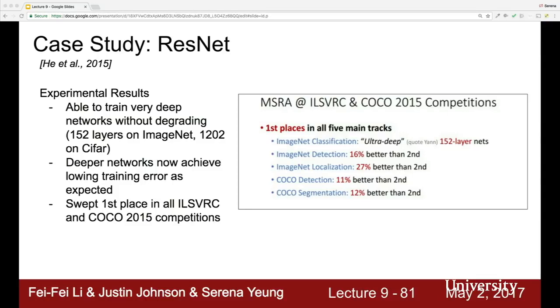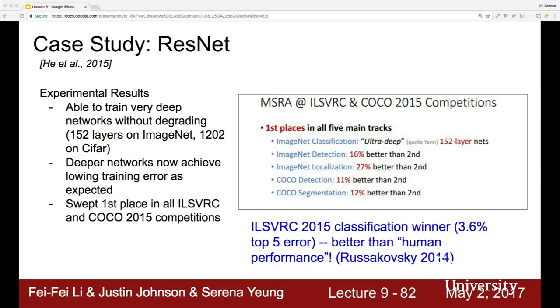And they also saw that now your deeper networks are able to achieve lower training error as expected. Right, so you didn't have the same strange plots that we saw earlier where the behavior was in the wrong direction. And so from here, they were able to sweep first place at all of the ILSVRC competitions and all of the COCO competitions in 2015 by significant margins.